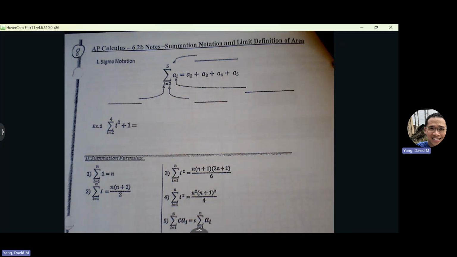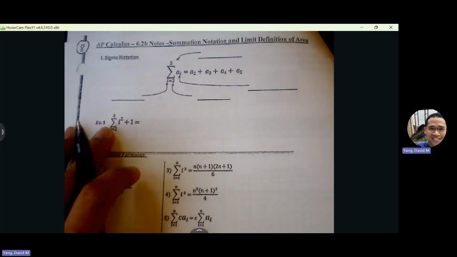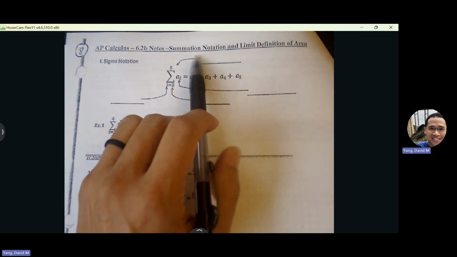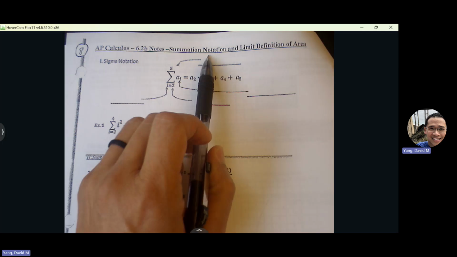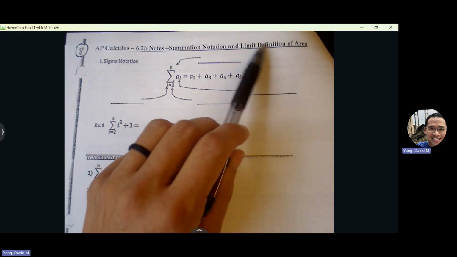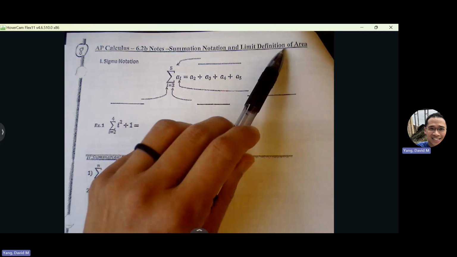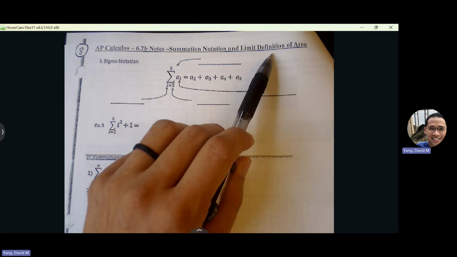You can turn to page 8. Okay, so we're going to talk about summation notation, and this is to give a preview into what we're going to do with this limit definition of area.